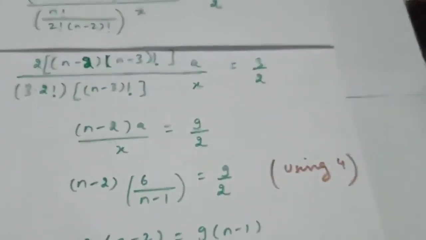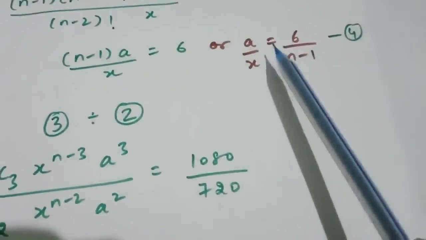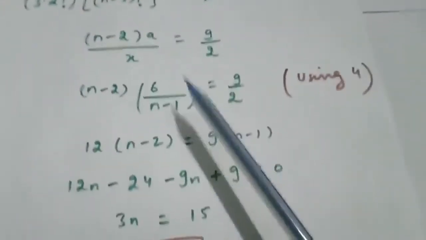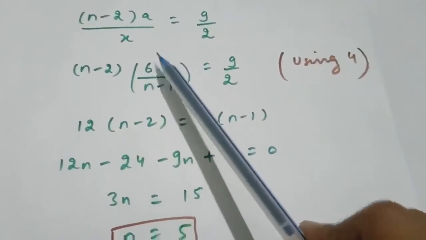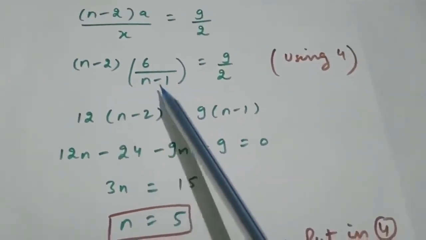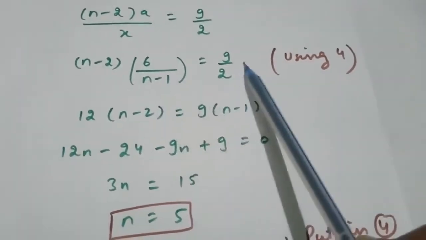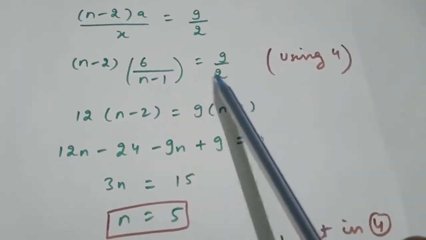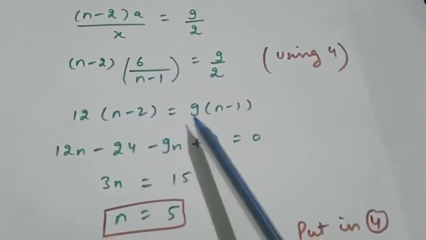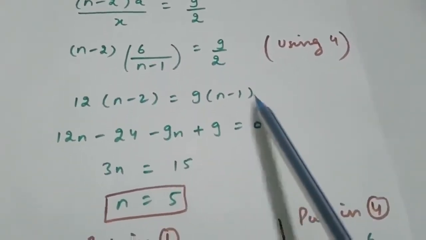Now using the result 4. So result 4 was a upon x is equal to 6 upon (n minus 1). So in place of a upon x, we are writing that 6 upon (n minus 1). Right? Now take this (n minus 1) that side, also to this side. So 12 into (n minus 2) is equal to 9 into (n minus 1).